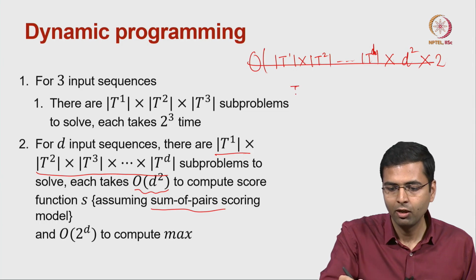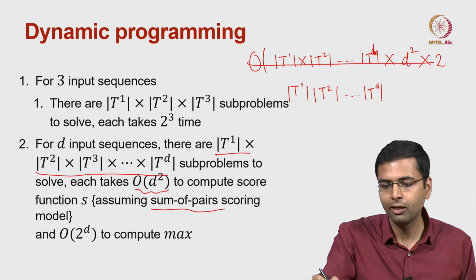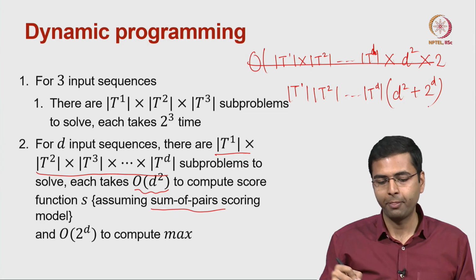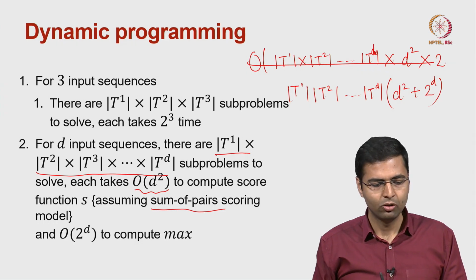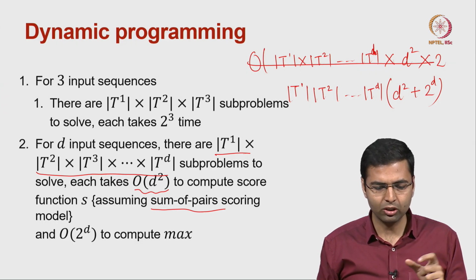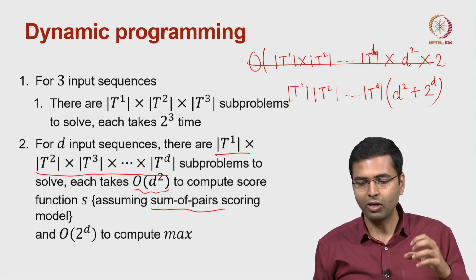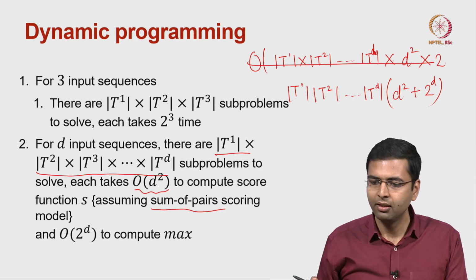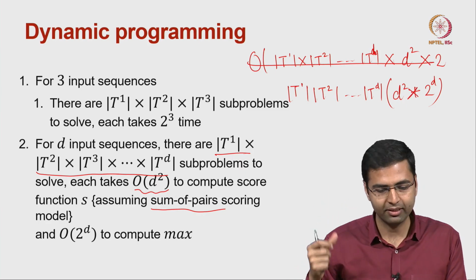So this will be T1 T2 up to TD, times D square times 2 raised to power D. We are spending D square time to compute this cost, and we have to compute the max over all 2 raised to power D possibilities. So this should be a product here, because we are computing this score D square times.